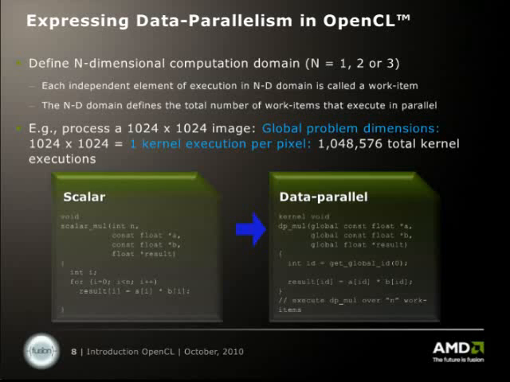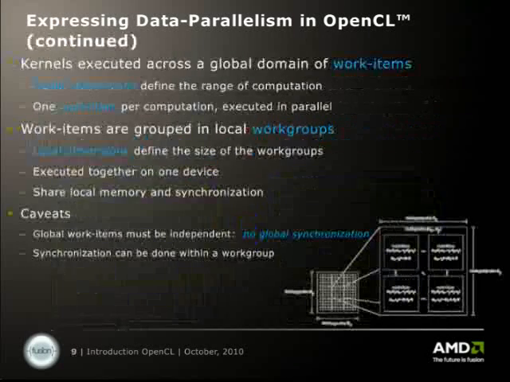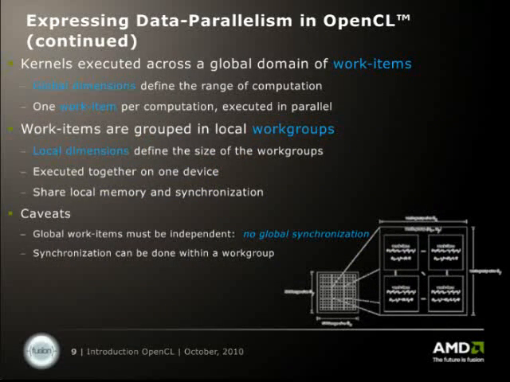We've completely flattened the loop, because now the loop is implicit. And because we still need to get the value for I, or in this case ID, we can use the get_global_id routine and use that to index into our A and B. So get_global_id will return exactly the same values for I across the whole iteration, assuming that we've launched our global work size to be the same as n. And we'll come more to that in a minute.